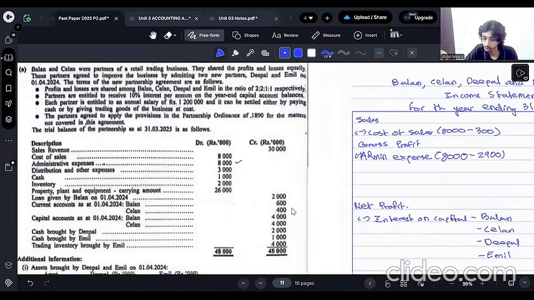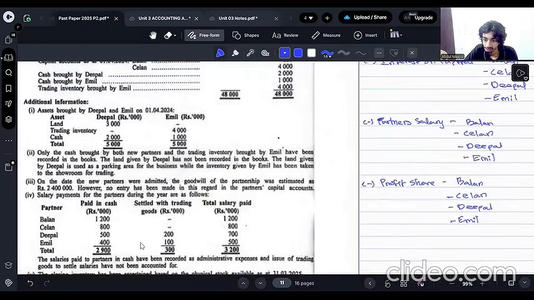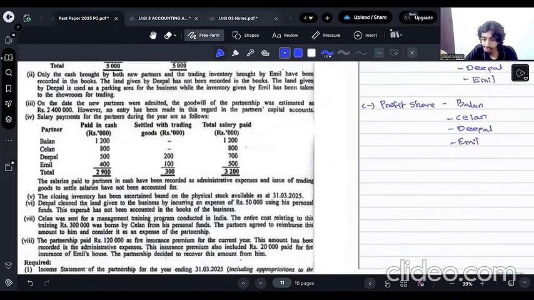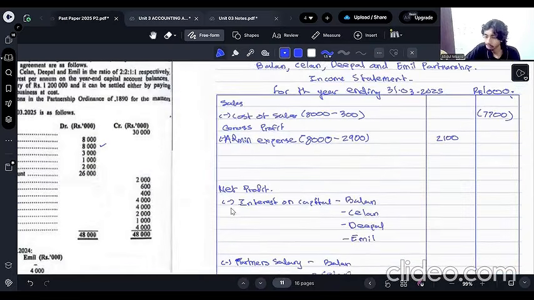Okay. Then next, Deepal cleaned the land given to the business by incurring an expense of 50,000 using his personal funds. This expense has not been accounted for. Then you can record the cleaning expense here.